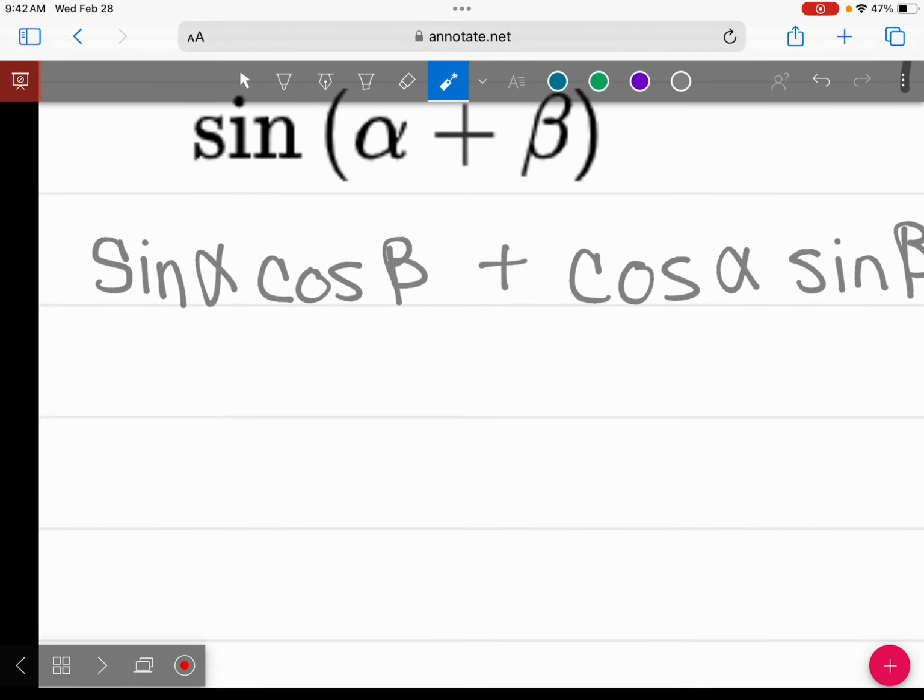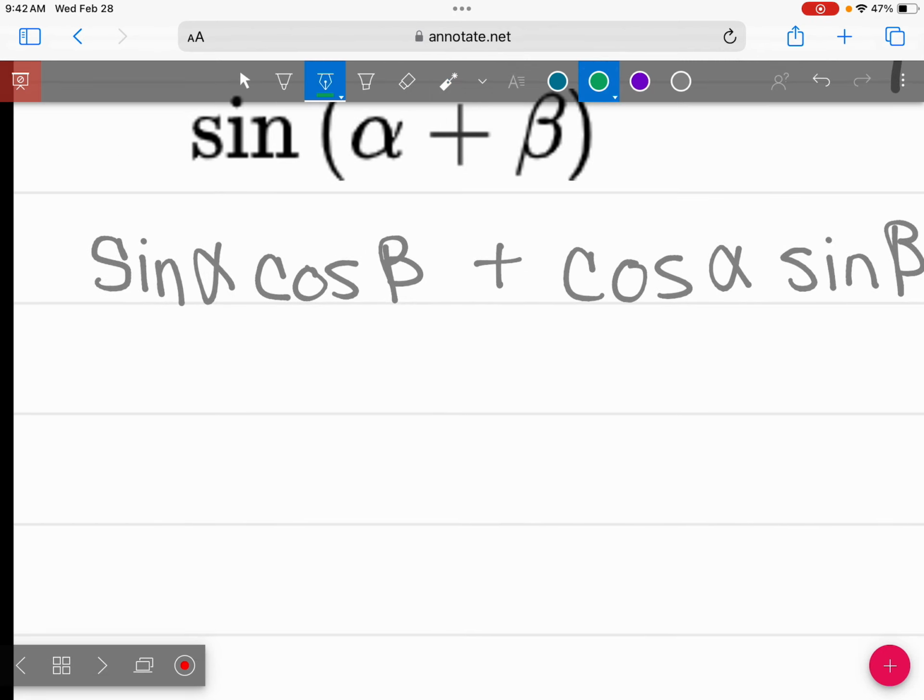I'm trying. So we can find each of these values. Sine of alpha. Opposite over hypotenuse. So we're going to have 3/5. Cosine of beta. Adjacent over hypotenuse. 15 over 17.